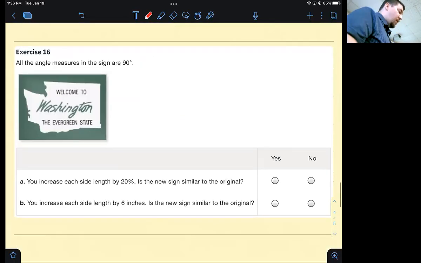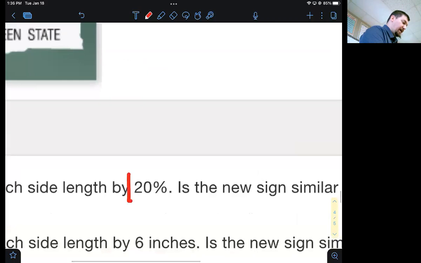Number 16, all the angle measures in this sign are 90 degrees. So it's a rectangle. You increase each length by 20%. What is the new sign? Is the new sign similar to the original? If you increase each side length by 20%, are you multiplying each side by the same factor? Yeah. In fact, what would you be multiplying it by?